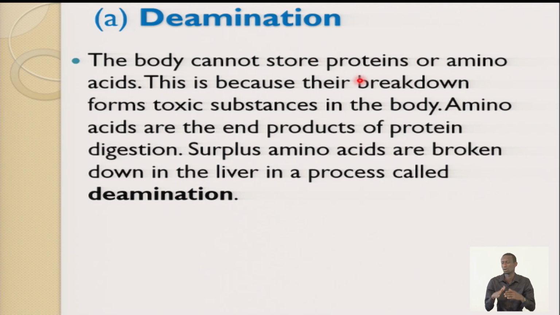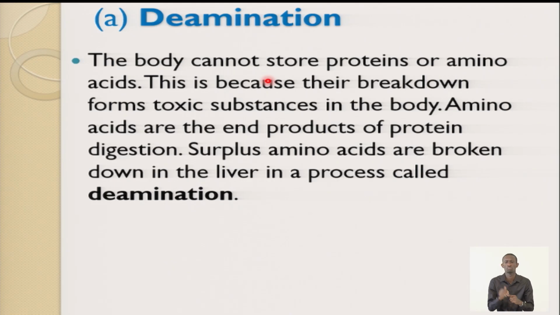So how will the body strike a balance of those excessive amino acids found in our body? Take an example: you have taken a dietary food that contains more proteins, like beans, fish, or eggs. You end up having excessive proteins in the body.